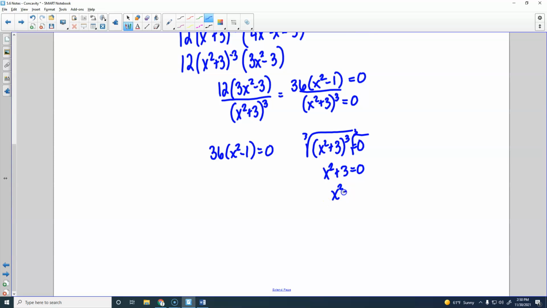You'll get x squared equals negative 3, and then you find yourself trying to take the square root of a negative. So you don't get critical points from that section. Over here, if you divide by 36, you get x squared minus 1 equals 0. So x squared equals 1, so x equals plus or minus 1. So those are our double critical points.